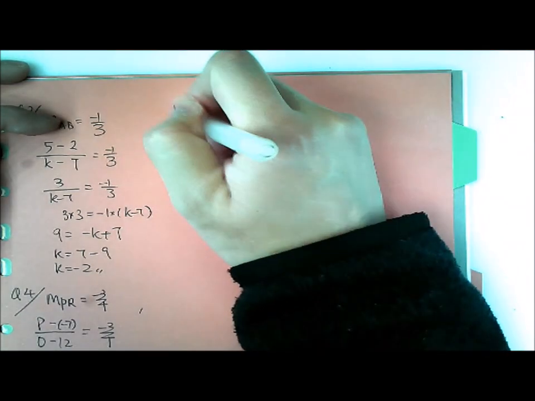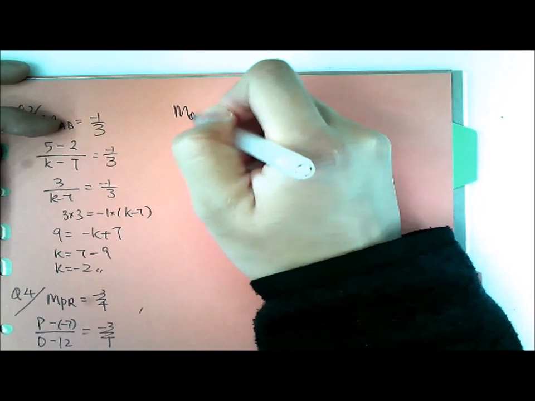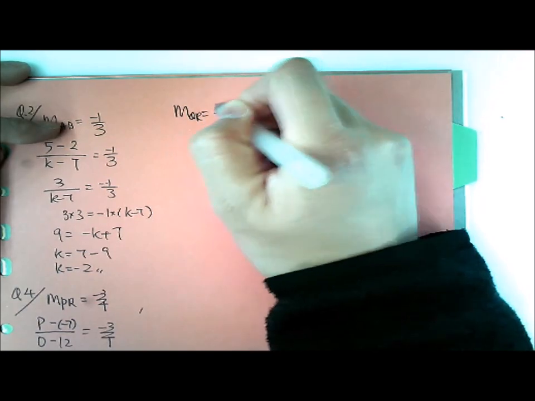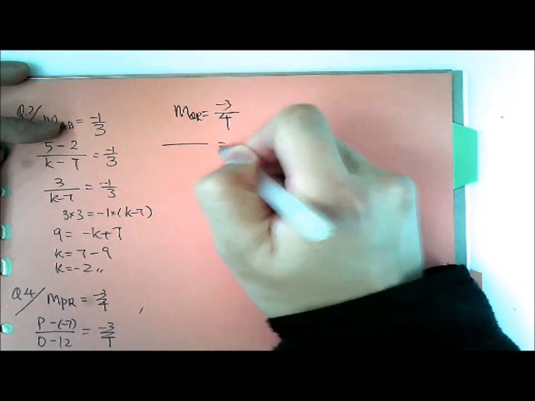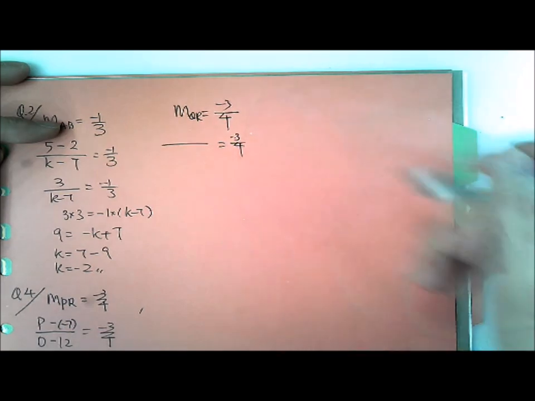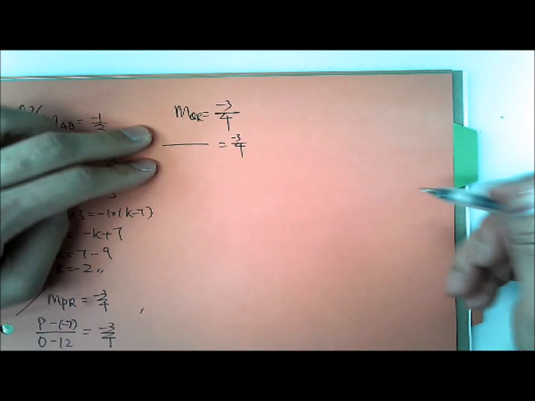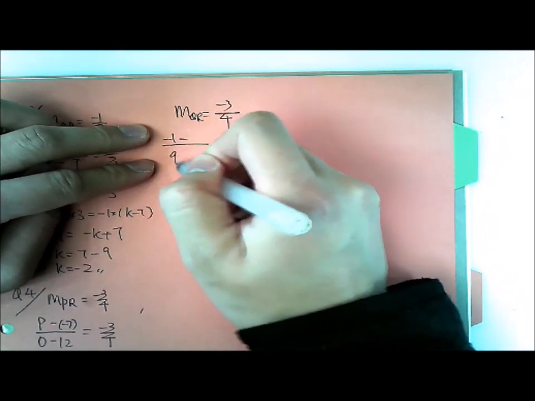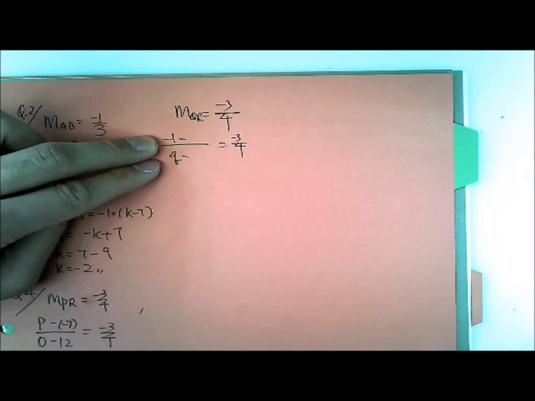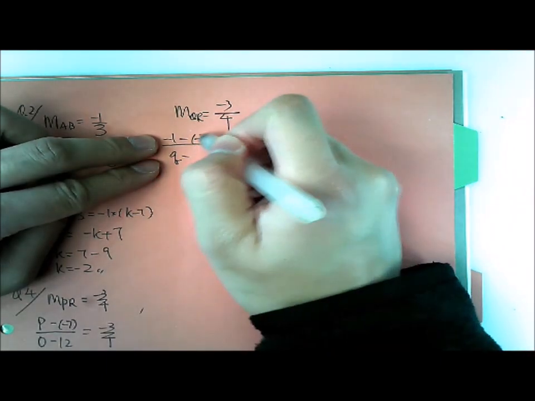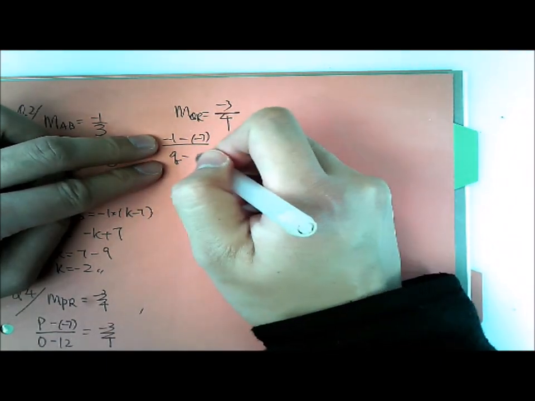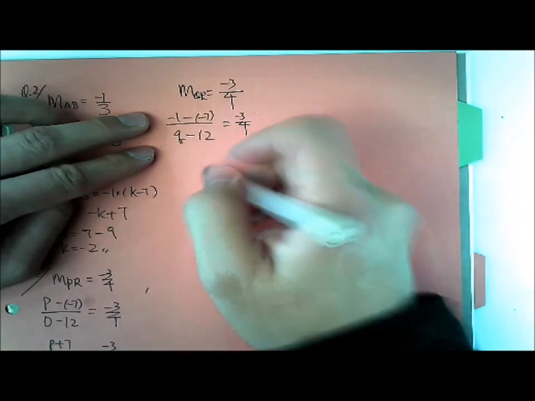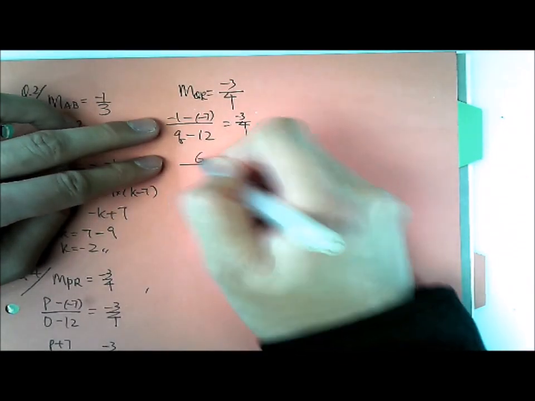So here, m_QR equals minus 3 over 4. Again, write the same format. For the Q, you write minus 1 minus, and then Q minus, and then for the R, minus 7. Here is 12, understand? So here is 6.